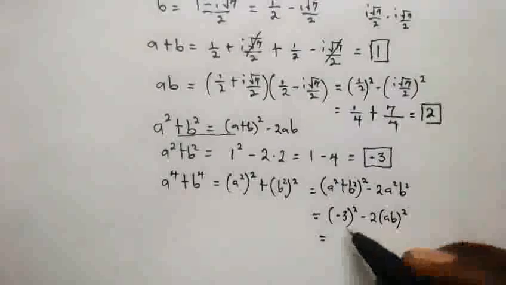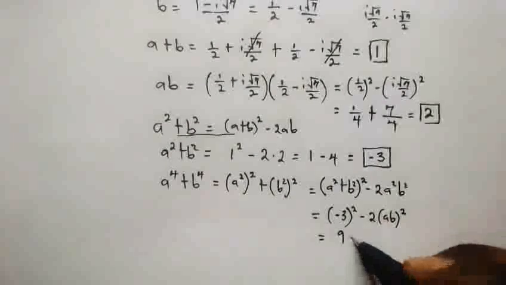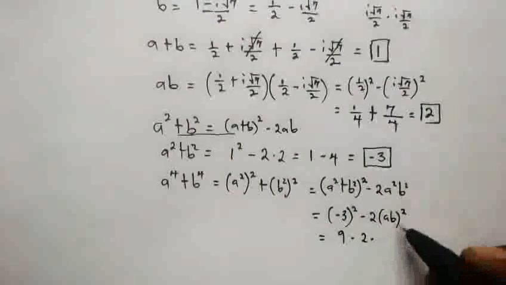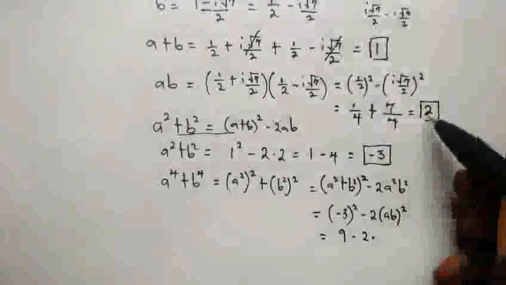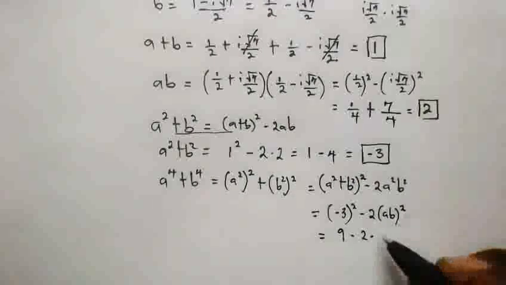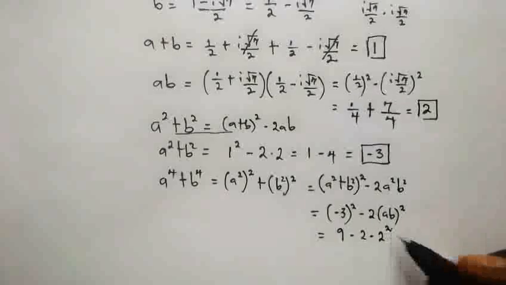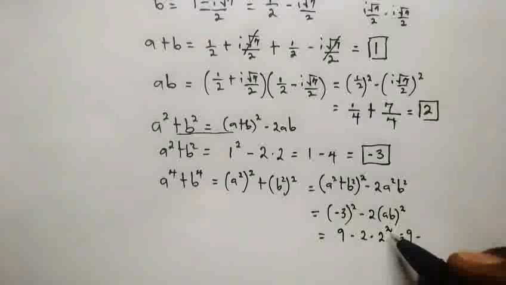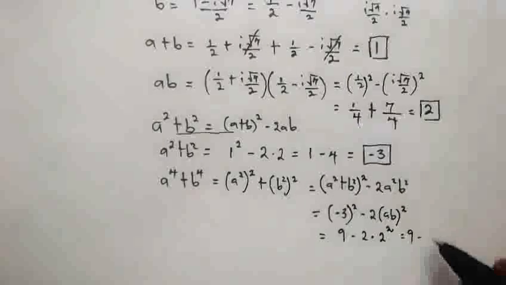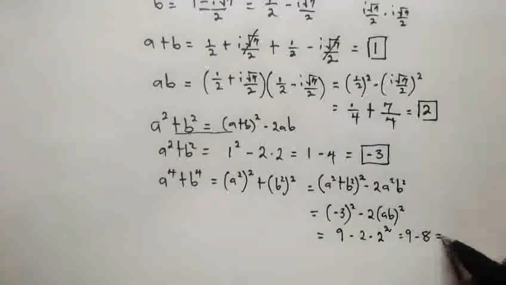So this is 9 minus 2 times (AB)². Remember that their product is equal to 2, so (AB)² is 2². This is equal to 9 minus 2 times 4, which is 8.